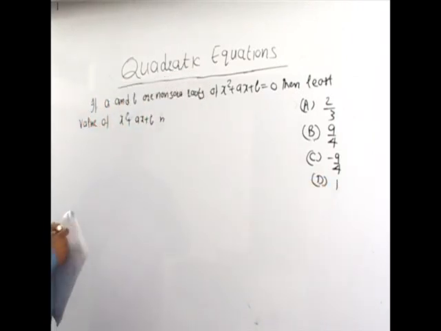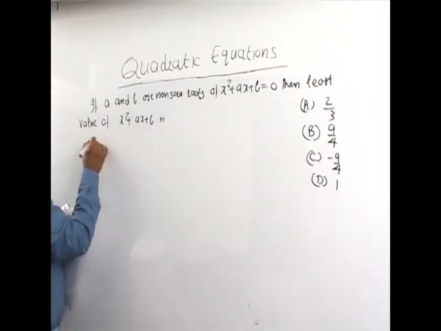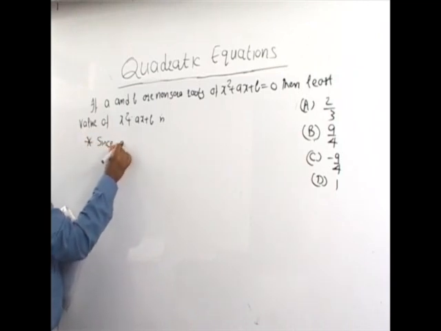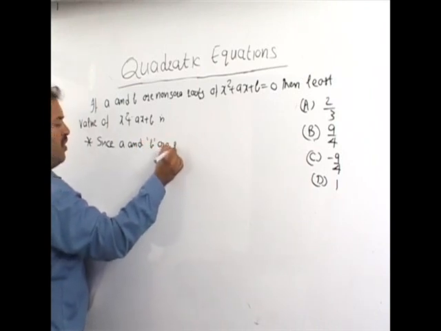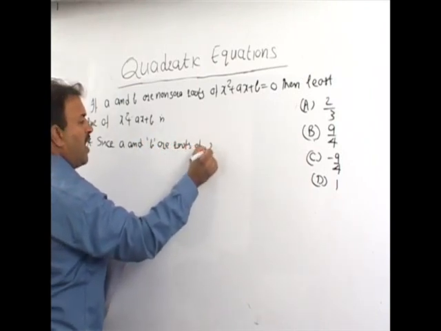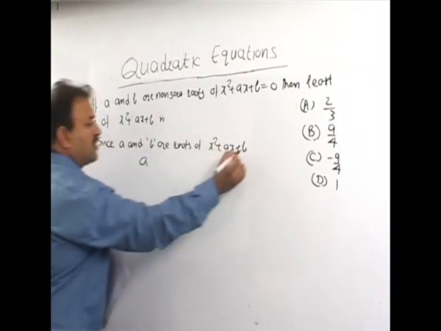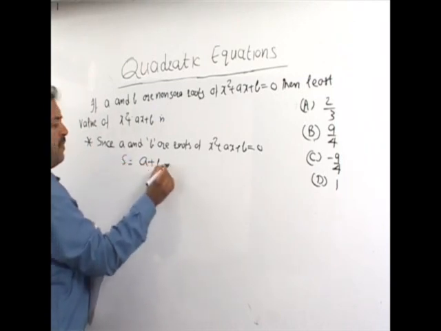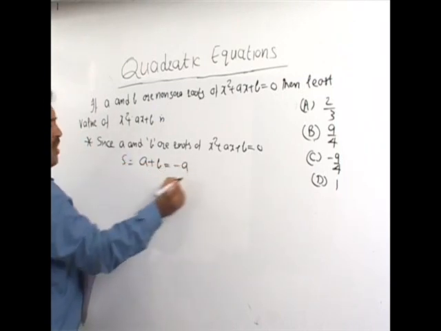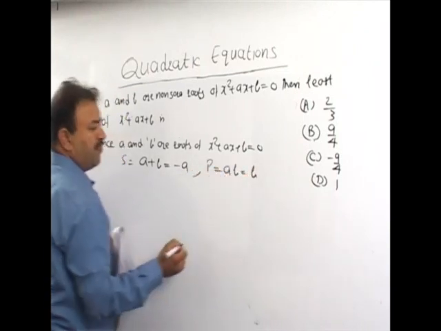First of all, we will use the properties of a quadratic equation, so we will start the solution from here. Since a and b are roots of x square plus ax plus b, that means sum of roots a plus b is equal to minus a, whereas product of roots ab is equal to b.